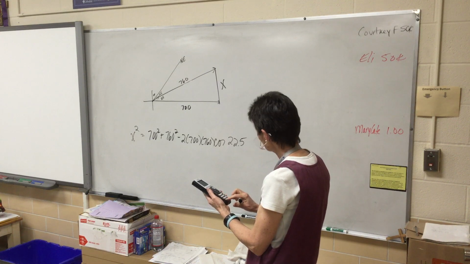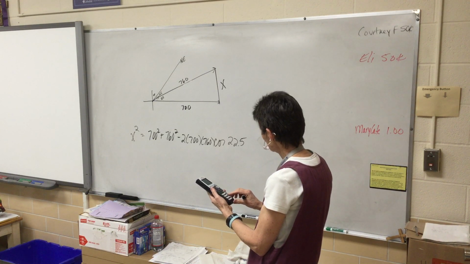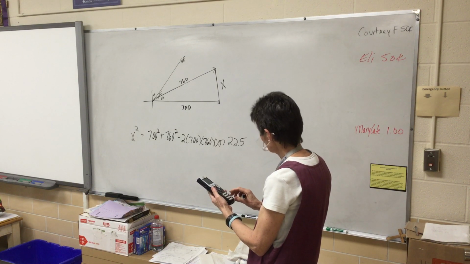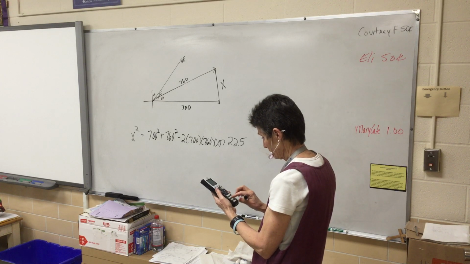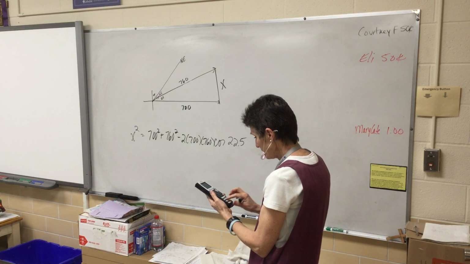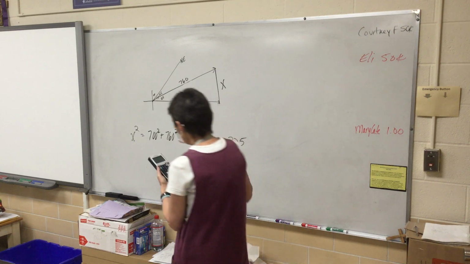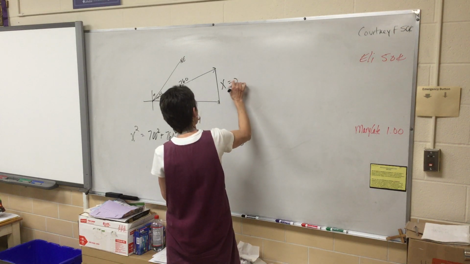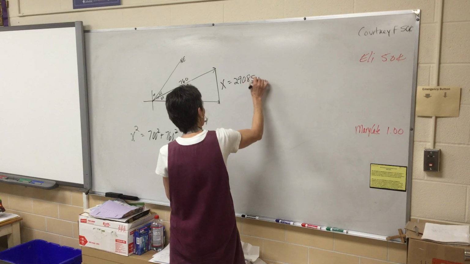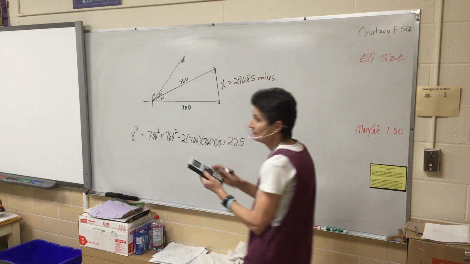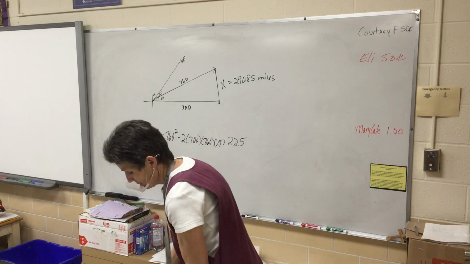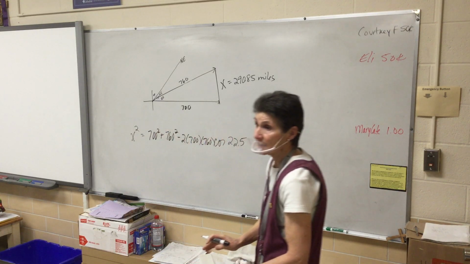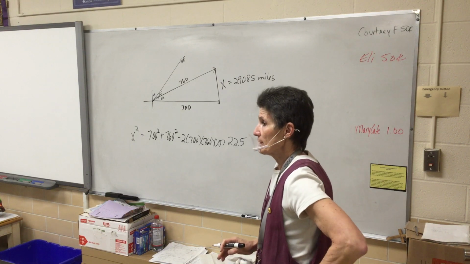Here we go. Don't forget to take the square root. I got 290.85 miles. Anybody match that? Probably wouldn't hurt you to be typing those in, just to make sure you can.